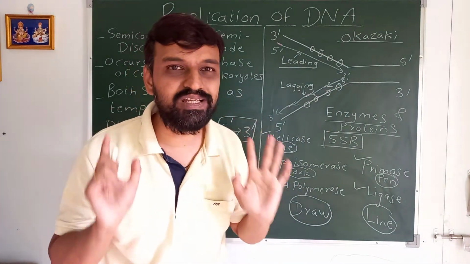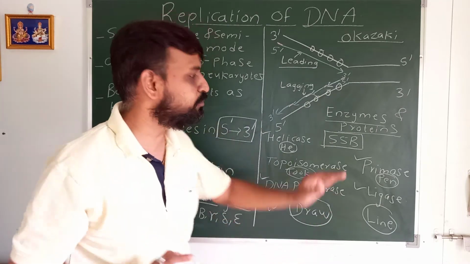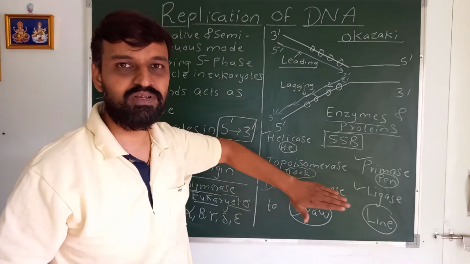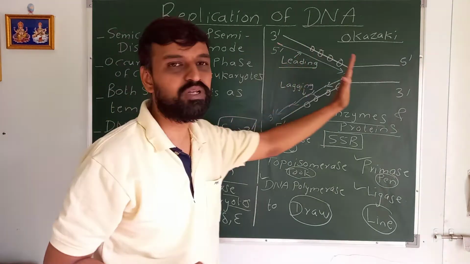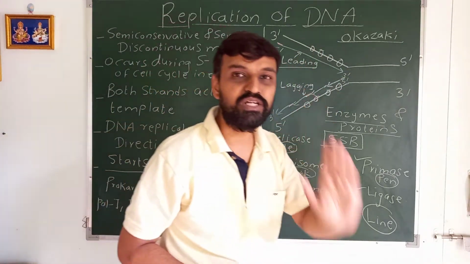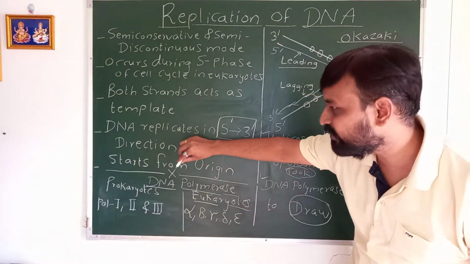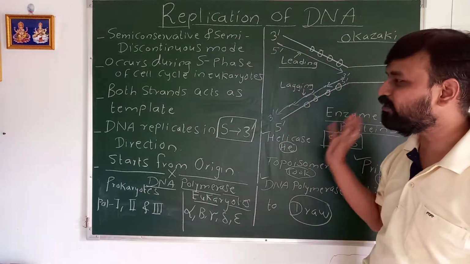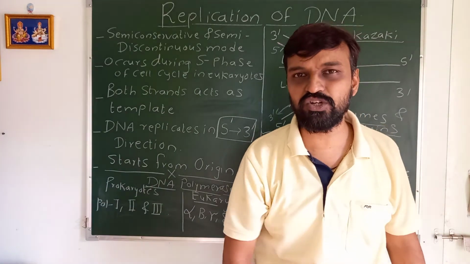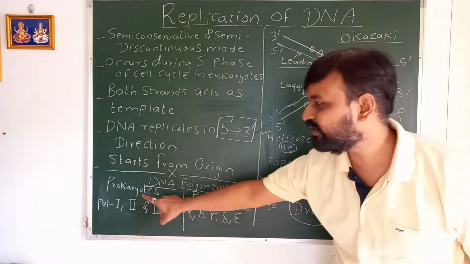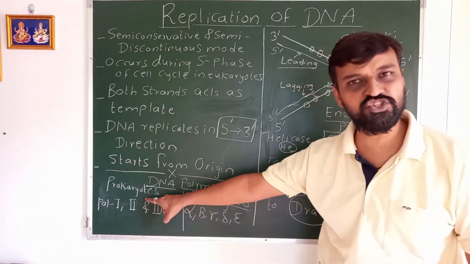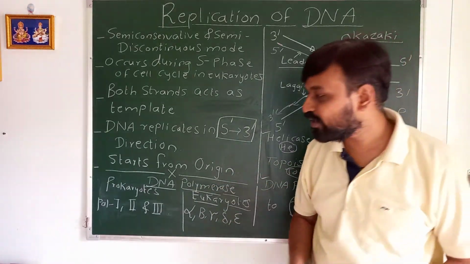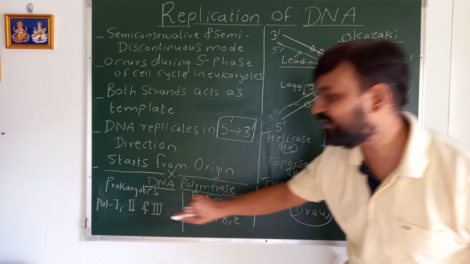So is my point clear? This is the most important step in the whole process, which will complete the full replication process. Now dear students, here I have written DNA polymerase types. As I told you, polymerase is the major enzyme in this topic. Here I have written which DNA polymerases prokaryotes have and which eukaryotes have. So guys, polymerase 1, 2 and 3.